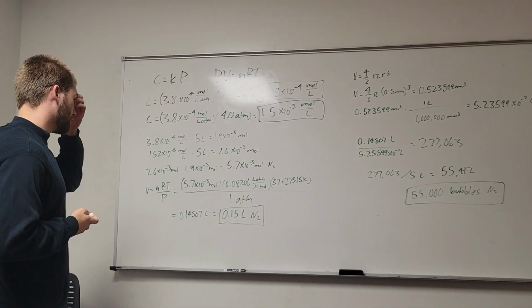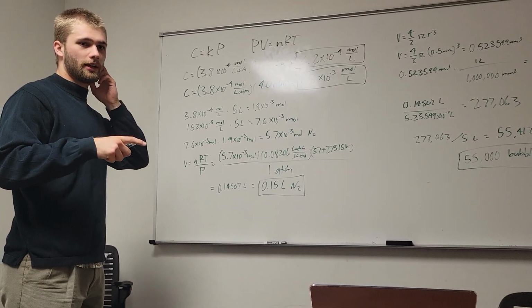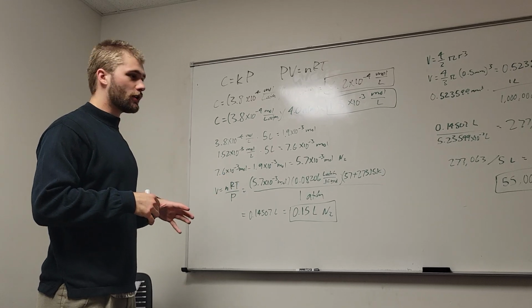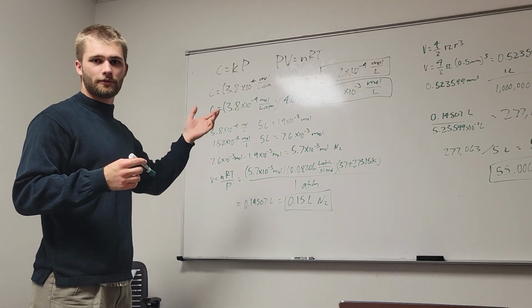Next, we want to find out how many moles are in all of the blood in the person. We know there's 5 liters of blood in a human, and we know the molarity of nitrogen in human blood at these different pressures.